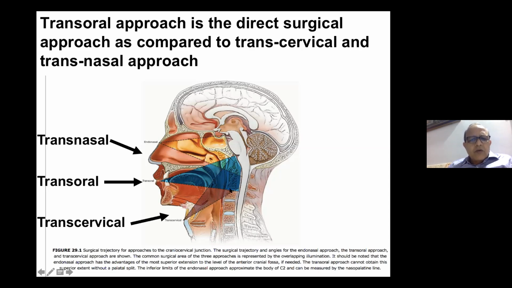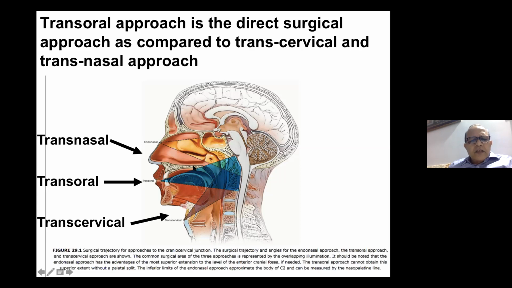If the craniovertebral junction anomaly is associated with basilar invasion, or some pathology at the craniovertebral junction is extending up cranially beyond the middle of the clivus, then you need to take a transnasal approach. So the bottom line is, this is what is called the hard palate.